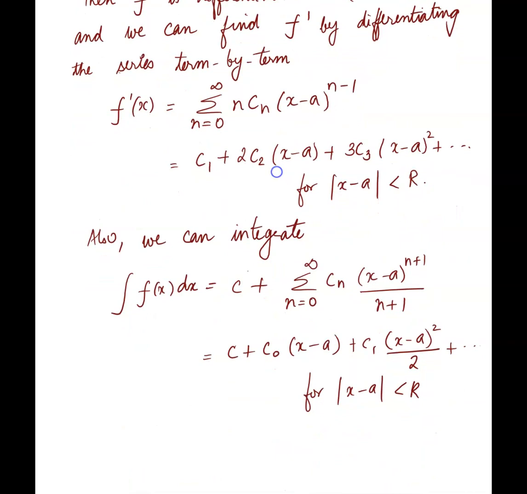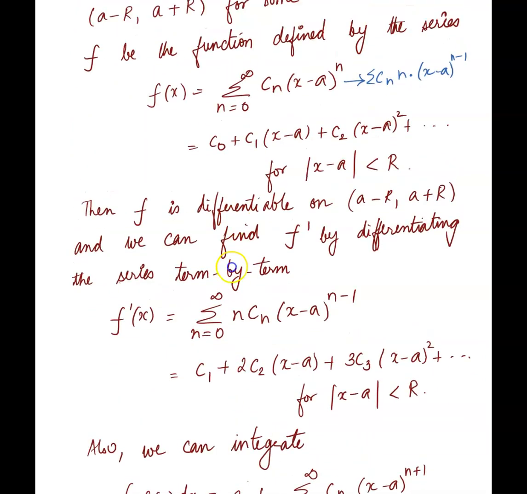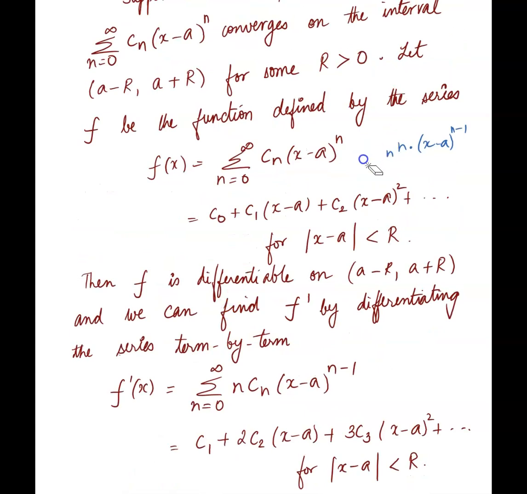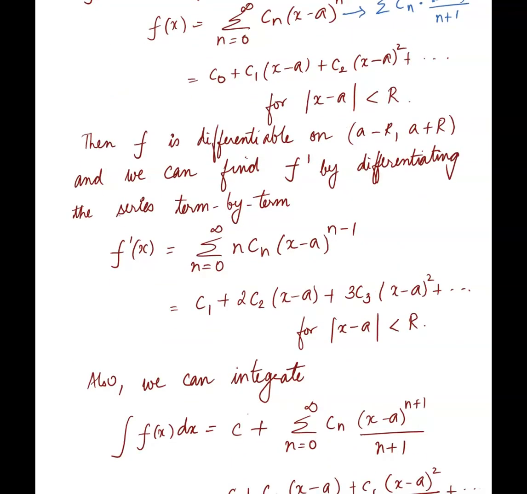We can also integrate this, right? And when you integrate it, let me take you back here. This was for the derivative. Let me erase that. When you take the integration, again summation cn is the constant, x minus a to the power n plus 1 over n plus 1, right? That's what you do, because that is where your x is, because it's f of x.